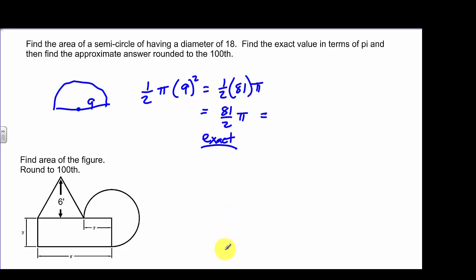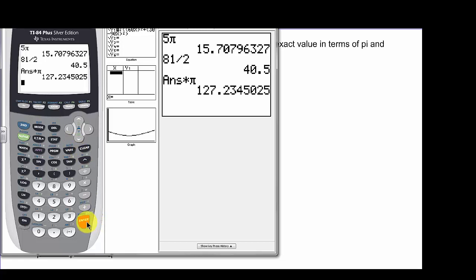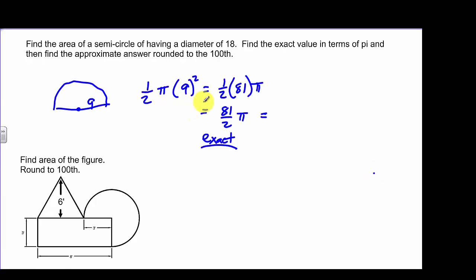Once again, if we pop it into a calculator, we take 81, divide that by 2, get an answer for that, and then multiply that by pi, and end up with 127.23 if I round to the hundredths. So the approximate is 127.23.